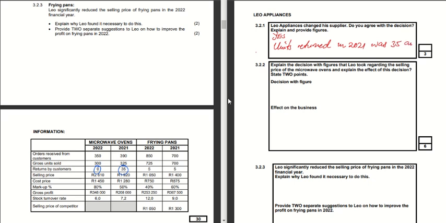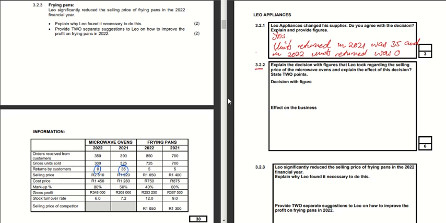But then after the change of the supplier in 2022, the number of units returned is now 0. So that is the reason why you say it is a good decision. Okay, let's go to 3.2.2.